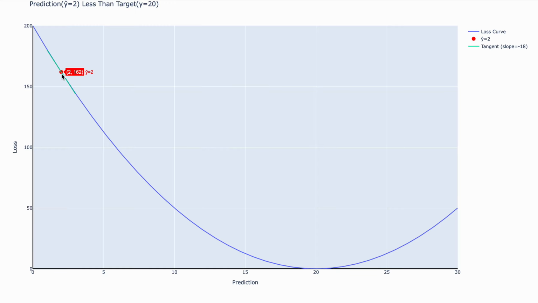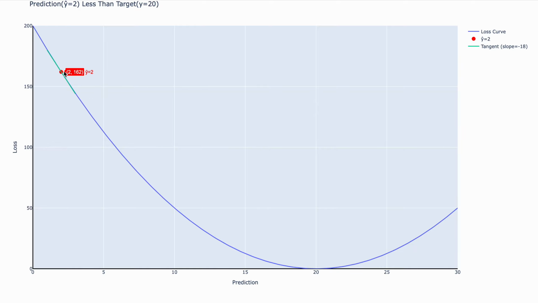Now, what does that mean with a numerical example? Well, if I increase my prediction from 2 to 3, which is by 1 unit, then my loss is going to decrease by that 1 unit times negative 18. So if my prediction was 3, as you can see, my loss decreases to approximately 144, because gradients use approximation, but let's not hang up on that. Let's say it's almost 144. In this example, it is exactly 144, but remember, gradients are not always exact to the decimal, but right now it is.